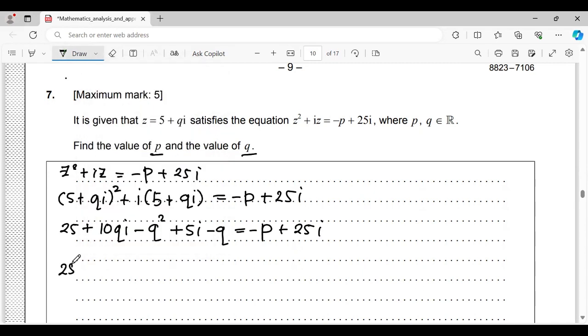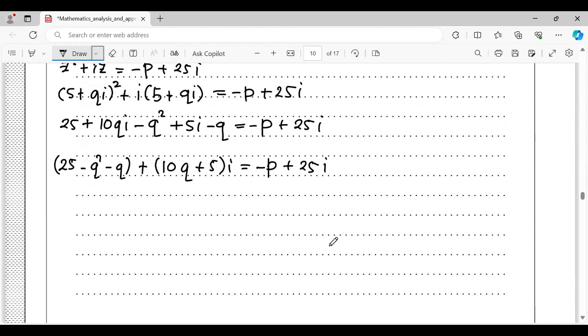So 25 minus q squared minus q, plus 10q plus 5i, equals minus p plus 25i. So it becomes 10q plus 5 equals 25.